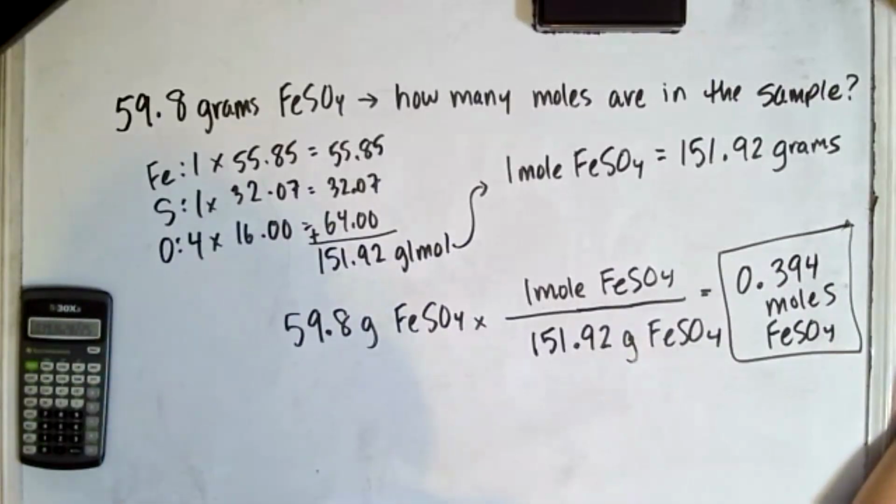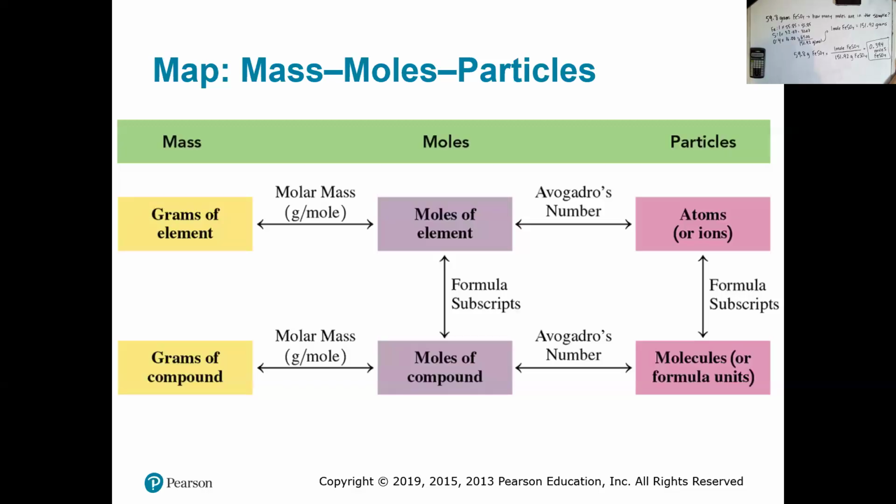Let's take a look at this kind of map that they've given us here. This is a way that you can help visualize what you need to use to go from one calculation to another, as long as you can map out the steps that you're taking.